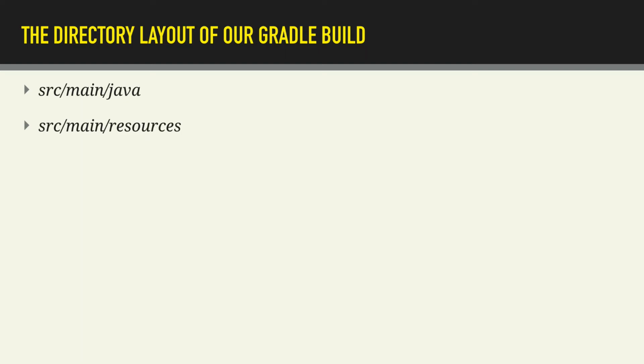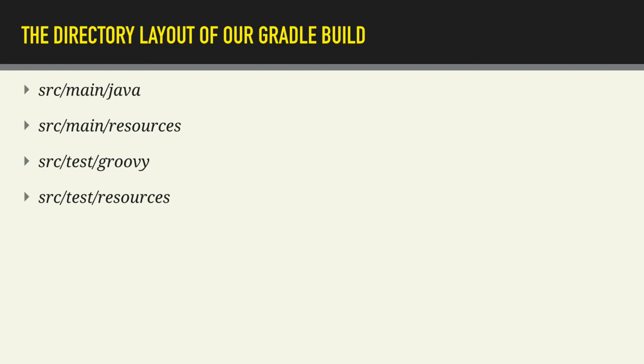The src/main/resources directory contains the resources of our application. 3. The src/test/groovy directory contains the source code of our unit tests. And 4. The src/test/resources directory contains the resources of our unit tests.